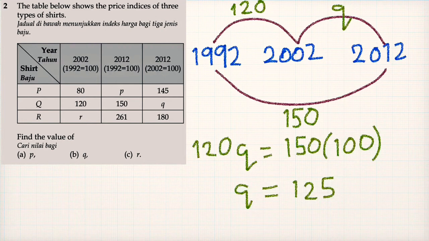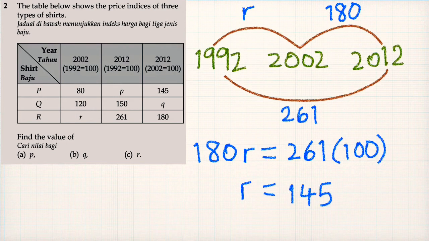The last column, which is Q, will be labeled next to it because it's 2012 based on 2002. The down part, which is 2012 based on 1992, will be the middle column, which is 150. So 120 times Q equals 150 times 100, always multiplying 100 with the longer leap, and then you solve this and get the final answer, Q equals 125.